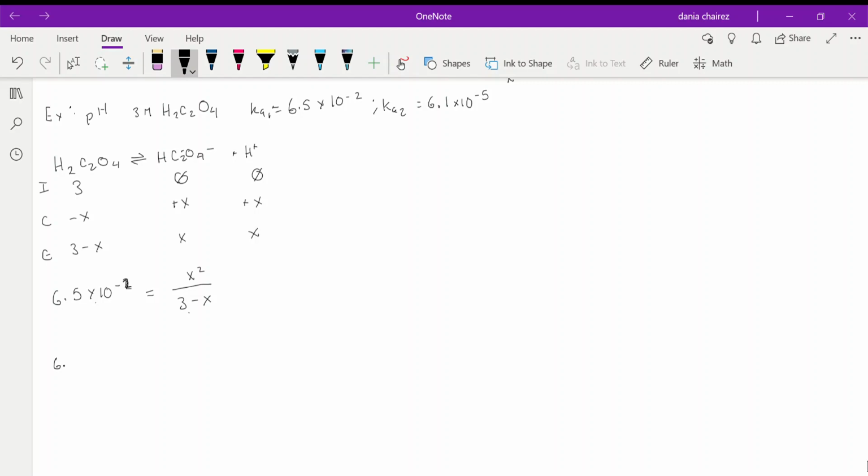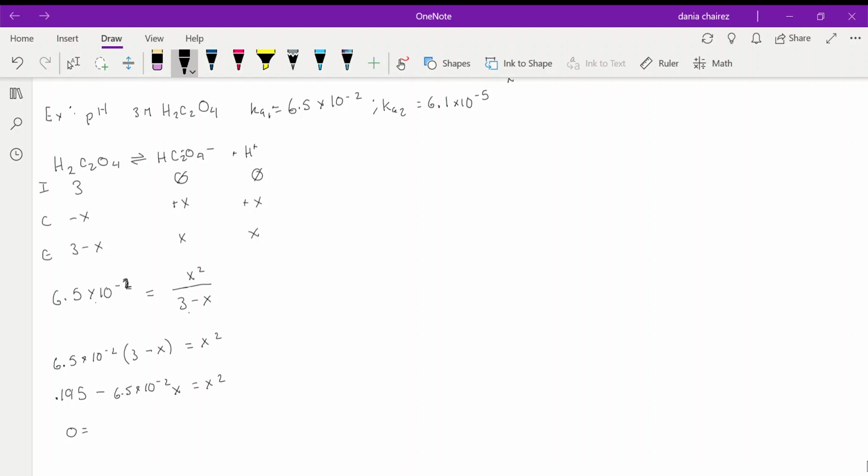But basically we're going to do 6.5 times 10 to the negative 2 times 3 minus x is equal to x squared. So we end up with 0.195 minus 6.5 times 10 to the negative 2 x is equal to x squared.